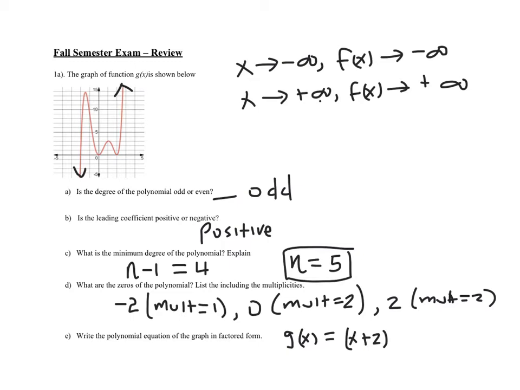So what am I going to write at 0? That's just going to be x squared. And then the next one is at 2. At 2, I'm going to write x minus 2 squared, because again it is touching at that point. So that's going to be my equation.